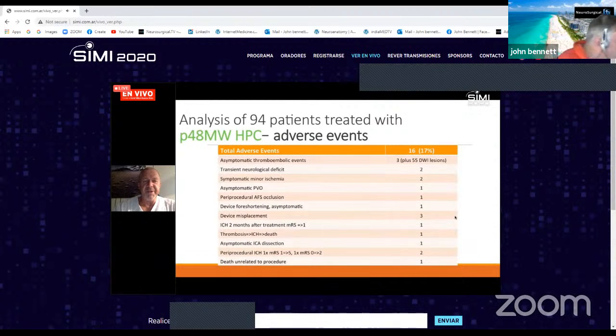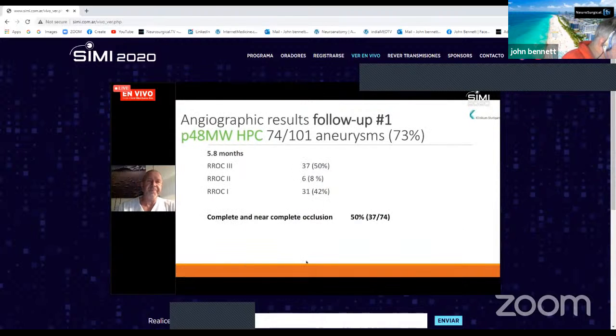So everything you see here is, I would say, in the range of what you can expect. This was a patient, she had a thrombosis with a P48 HPC, despite being under dual antiaggregation. We gave her Integrilin. She had an intracerebral hemorrhage in the infarct and eventually died from the secondary intracerebral hemorrhage. This is an asymptomatic ICA dissection, and as mentioned before, one patient died from a decompensation of her Chiari malformation.